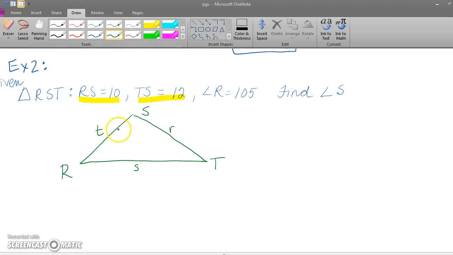So RS, from here to here, is 10. So we'll put a 10 there. TS, from here to here, is 12. Angle R is 105. And we want to find angle S right here.